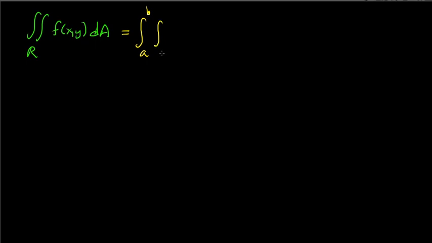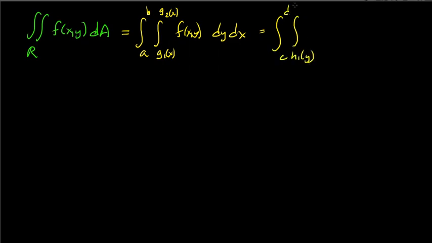For vertically simple regions, we just do this, right? And then dA is dy times dx. Or for horizontally simple regions, you can do this.